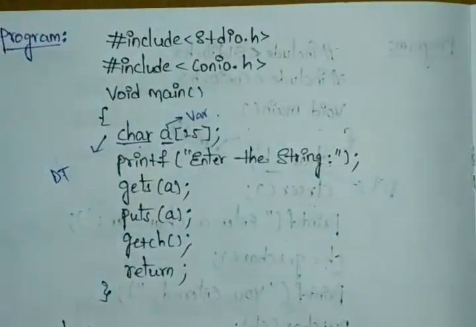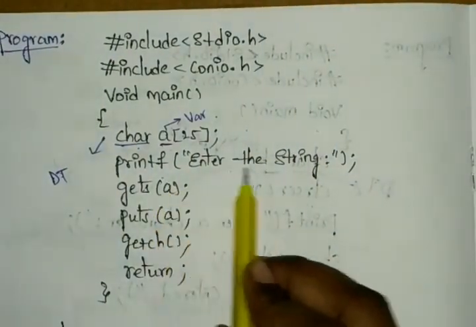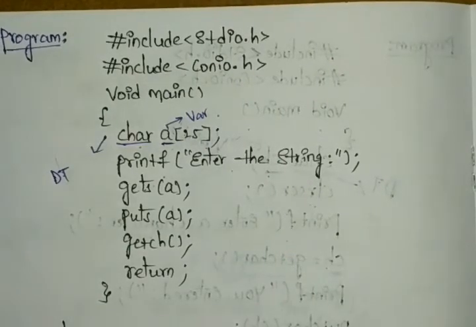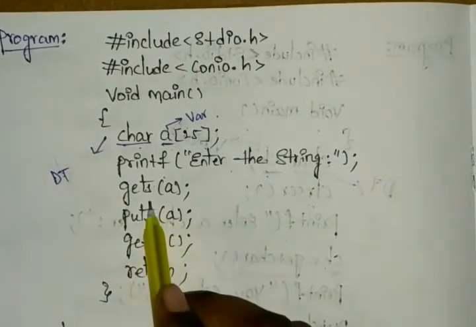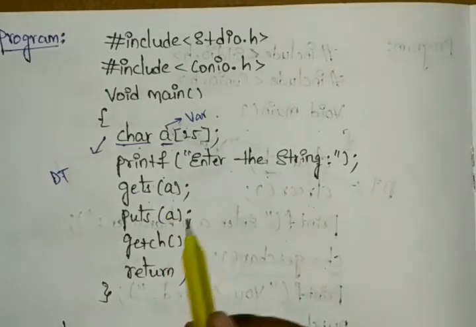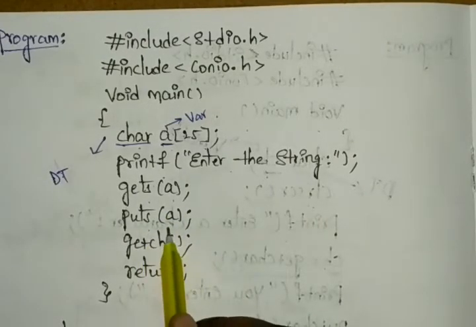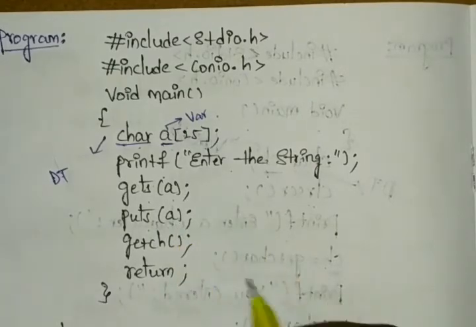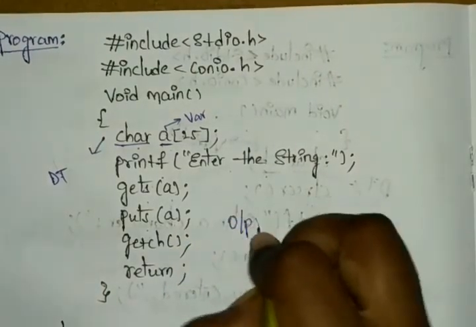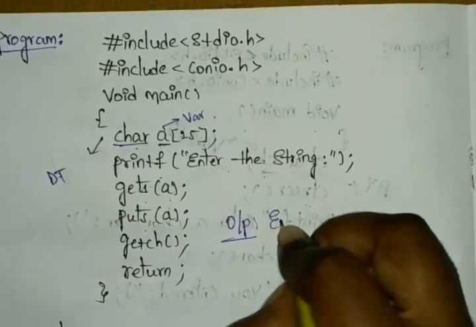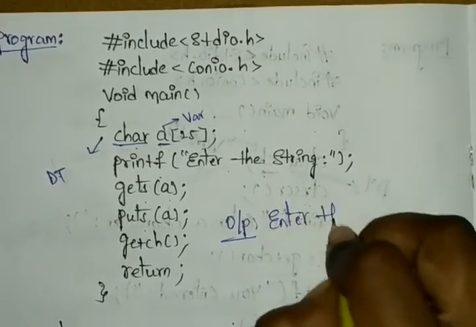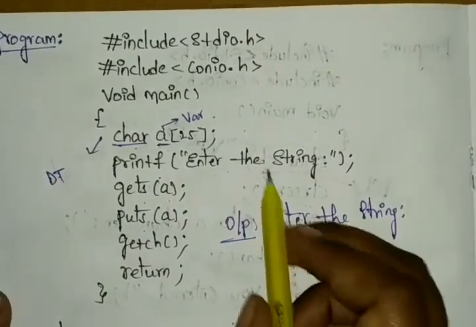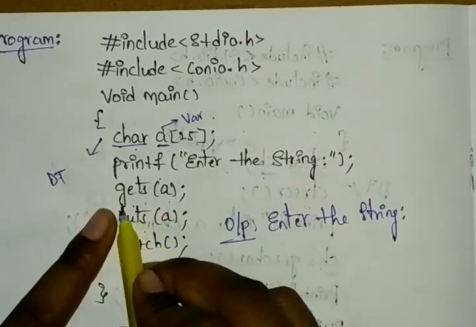Now you can see printf("Enter the string"). Next it can get c, and after that it can display c. First the output will be: Enter the string.